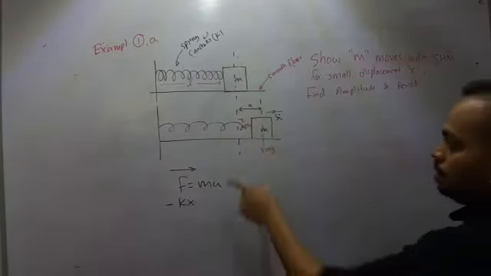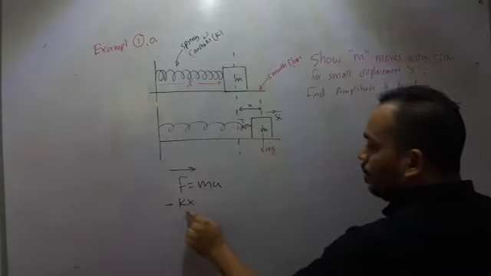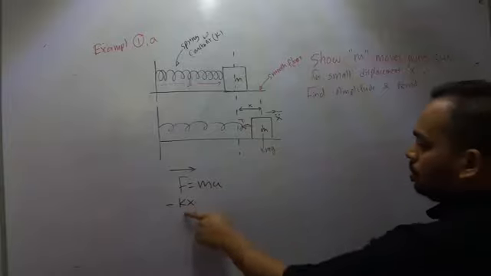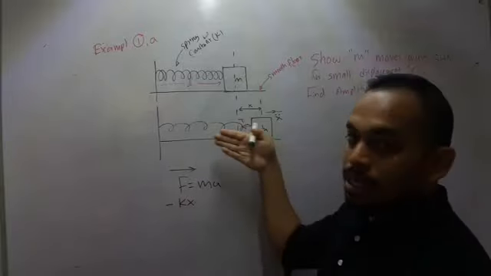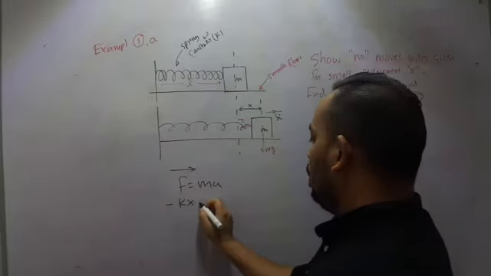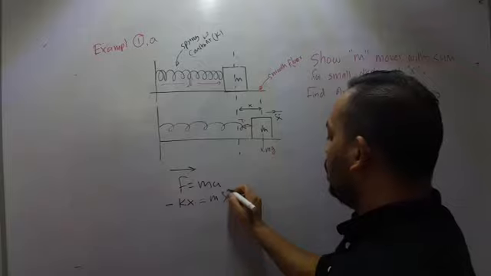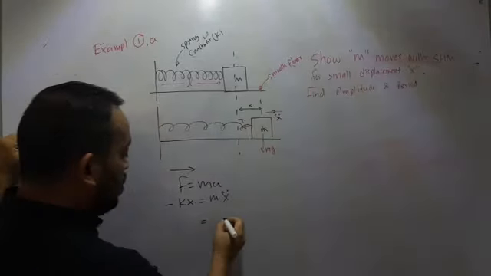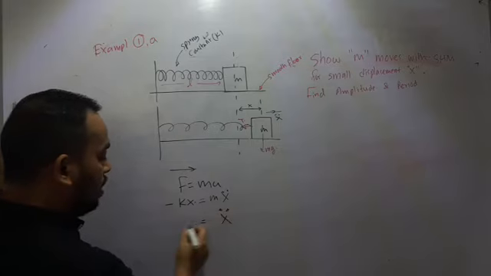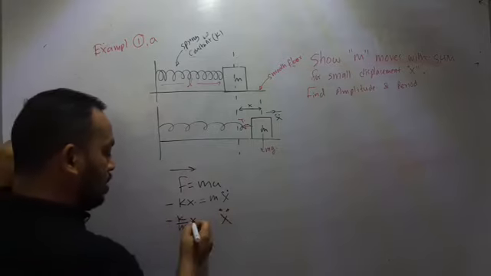The force applied by the spring is obtained by Hooke's law. This is Hooke's law, kx. This negative sign is there because the force is in this direction. Equal m times a, and a is now x double dot. It's very simple. So now x double dot is equal to minus k over m times x.